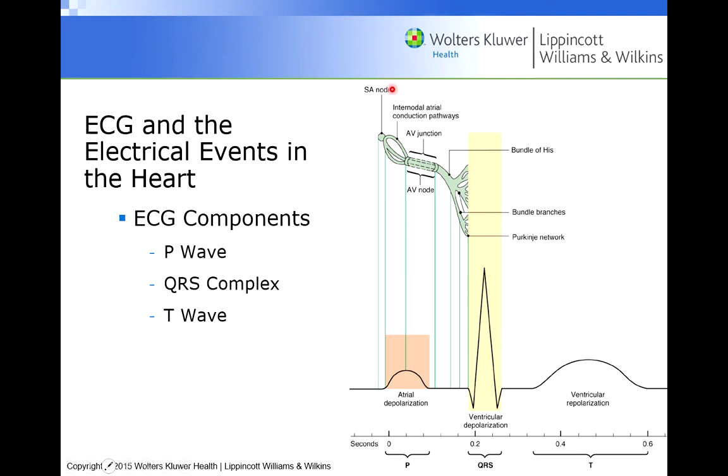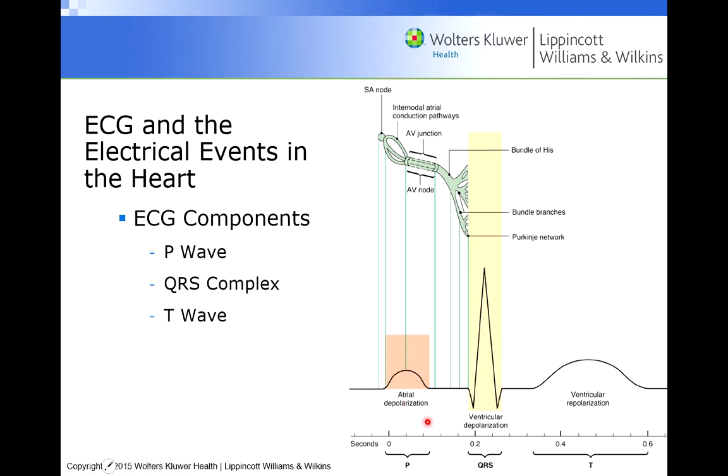For instance, the SA node begins propagating the electrical activity across the atria. Here we see our internodal atrial conduction pathways. It's the pathways where the electrical impulse is propagating across the tissue of the atria. That propagation facilitates atrial contraction. Another way to refer to that is atrial depolarization.